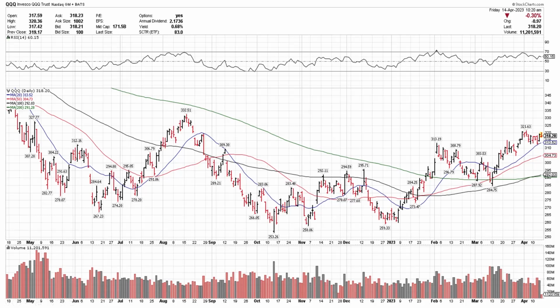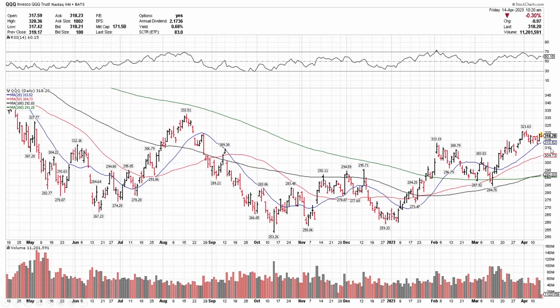Markets are still volatile and news-driven. It seems that almost every day we get a new data point, whether it's the CPI, PPI. Today we got inflation expectations. So markets could be choppy, but for my time frame, as long as QQQ holds over this rising 50-day moving average, that keeps the intermediate term uptrend intact.